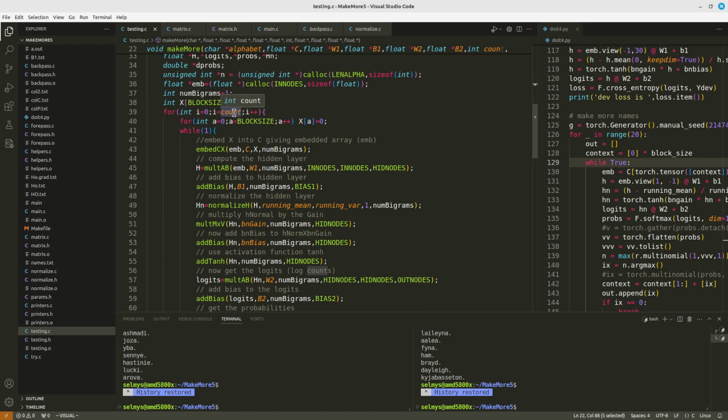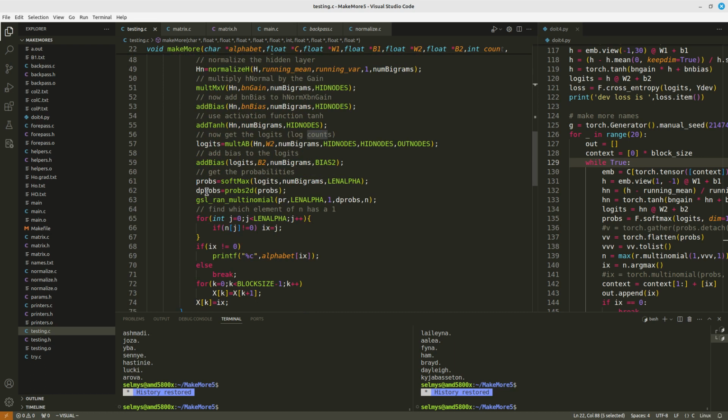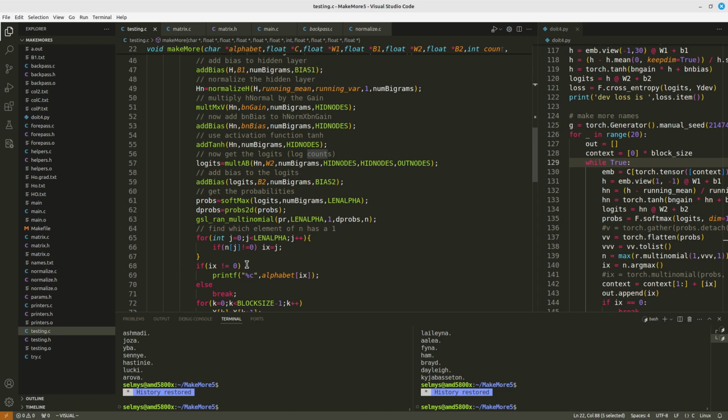This for loop tells me how many names I want to generate, and the while loop will go through until I hit a break, when I hit a period to get out. So I got the end of a word. And again, I'm using the GNU multinomial function.